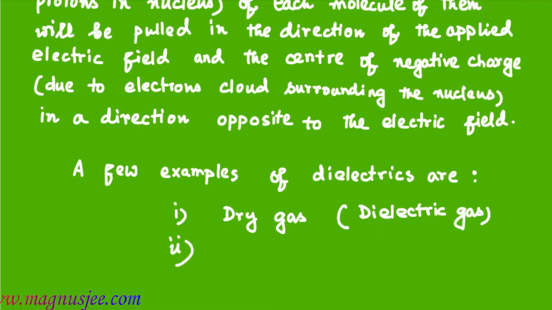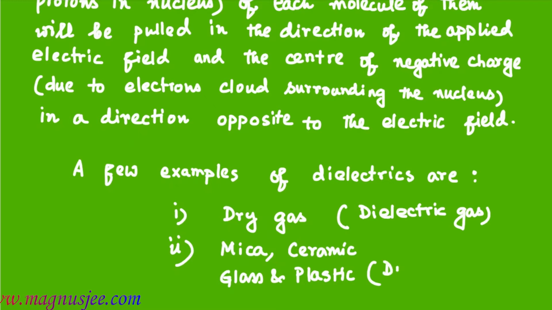Number two, mica, ceramic, glass, and plastic are the dielectric solid materials.